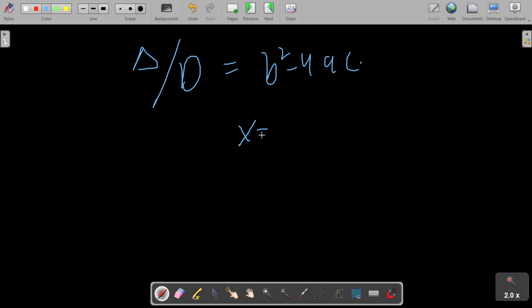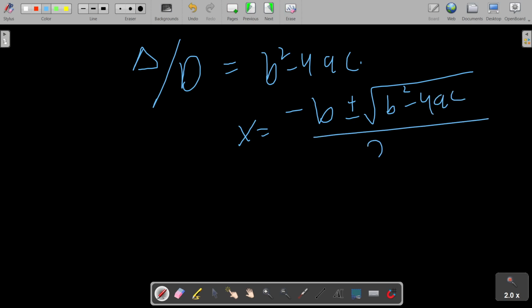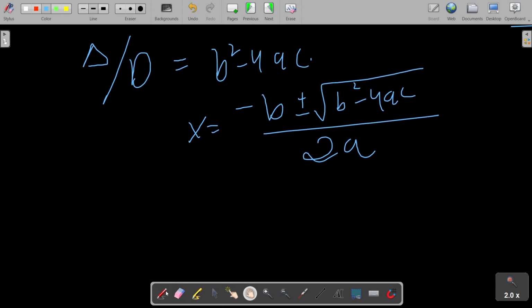If you have seen this formula, x equals minus b plus or minus the square root of b squared minus 4ac, all over 2a, this is the solution for the quadratic equation.